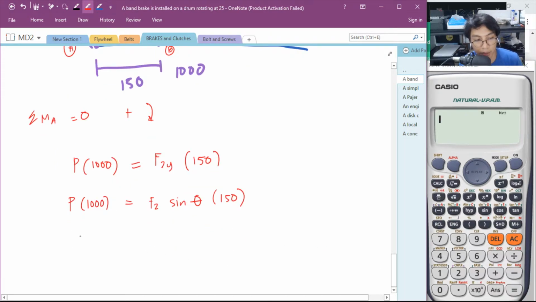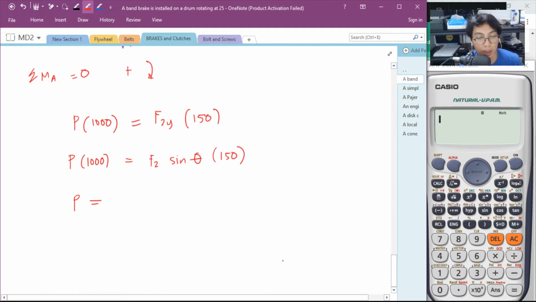O, yan. So, ang sinosolve natin dito is P. P is equal to F2. Ano ba yung F2 natin dyan? 1887.7324 newtons. You multiply it with the sine of 45 degrees na meron ka dyan. And then multiply it 150.